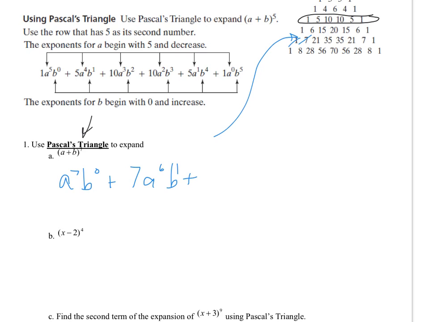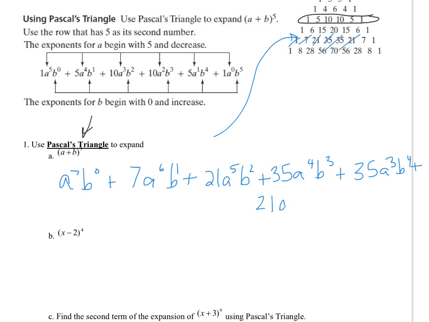Plus 21, A to the 5th B squared, plus 35, A to the 4th B cubed, plus 35, A cubed B to the 4th, so it's all just about the pattern here, plus 21, A squared B to the 5th, plus 7, A B to the 6th, and then ending with plus A to the 0, B to the 7th.